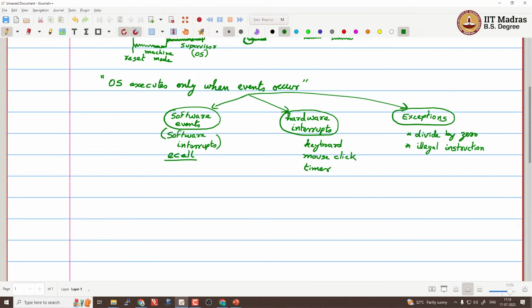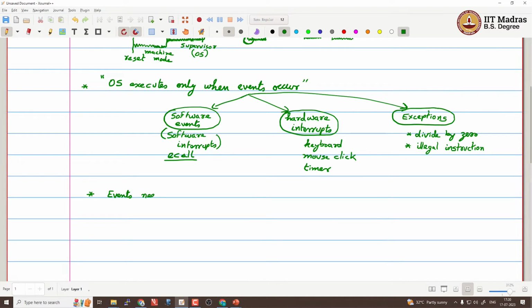So what we essentially see now is that the events, either software interrupt, hardware interrupt, or the exceptions, need to be serviced specifically based on which event has occurred.